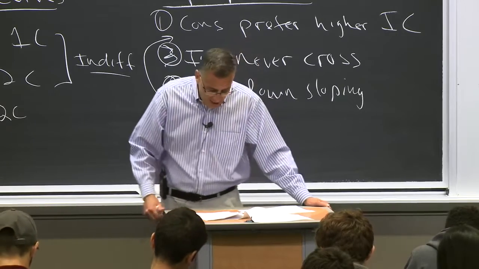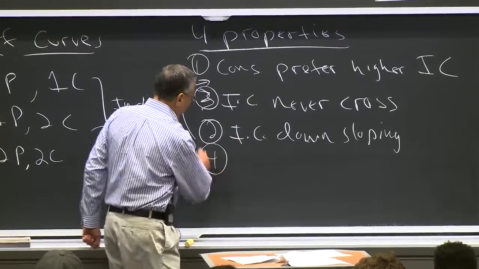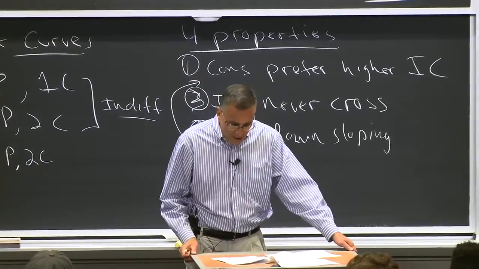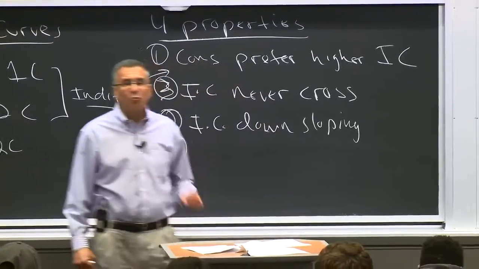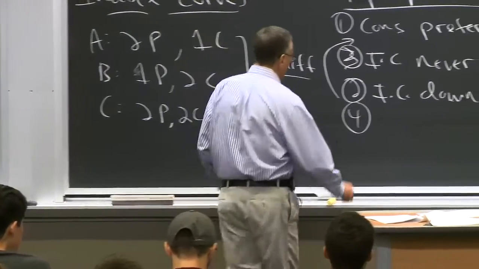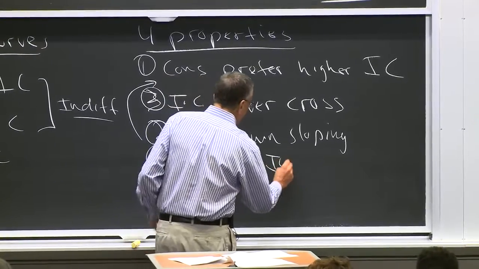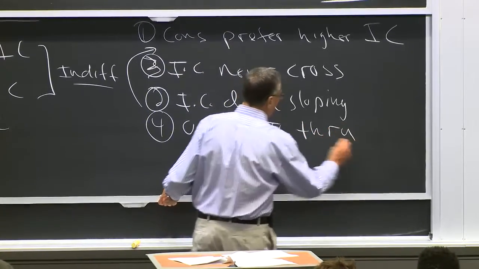And then finally, the fourth is sort of a cute extra assumption, but I think it's important to clarify, which is that there is only one indifference curve through every possible consumption bundle. Only one IC through every bundle.